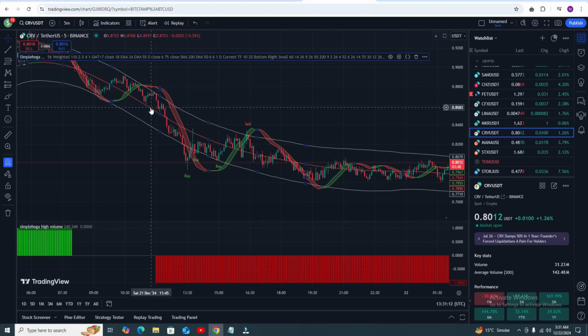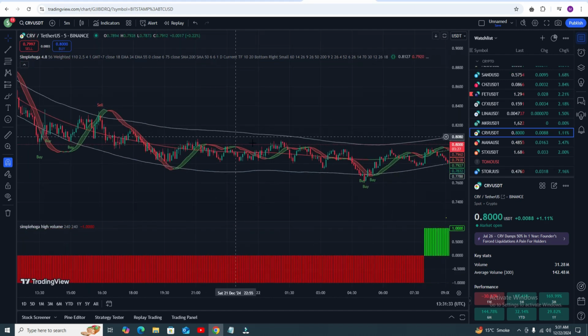If the candle is upside from the middle line, then go for the sell trade. If the candle is below the middle line, do not go for the sell trade. You need to wait until you get the sell signal. Here you can see this is your confirmation trade, and you got some good profit here.